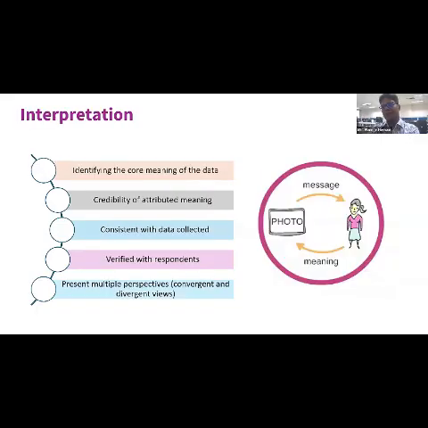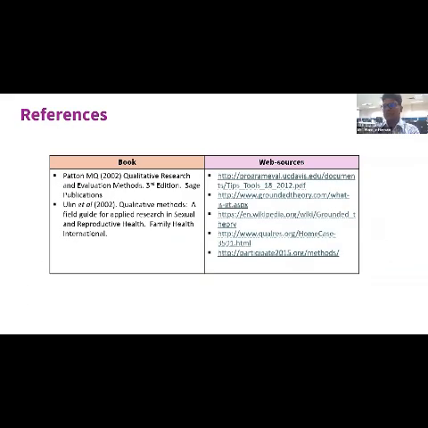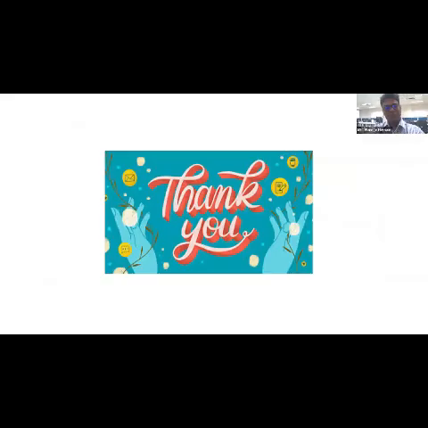And in interpreting, we identify the core meaning of the data, capable of attributing meaning consistent with the data collected based on our objective and verified with the diversity of respondents and of the study method, and present multiple perspectives of the data. And this is what it is. Thank you.